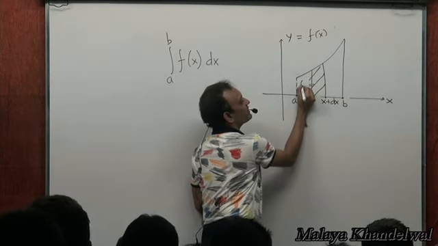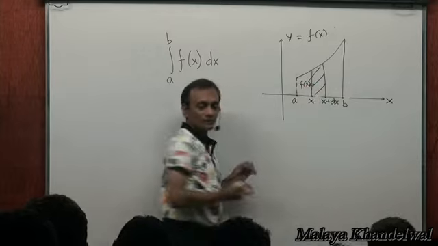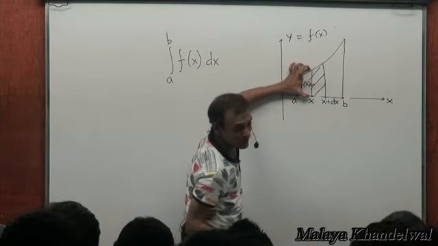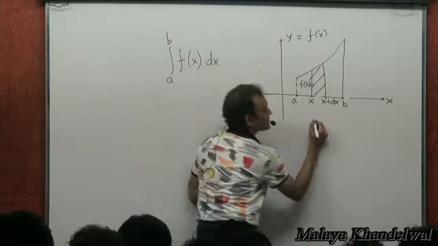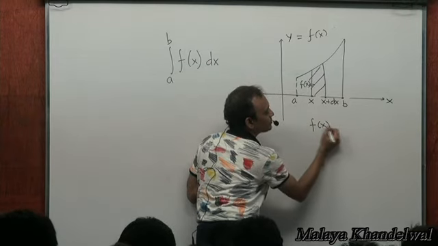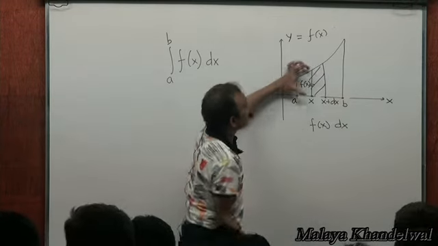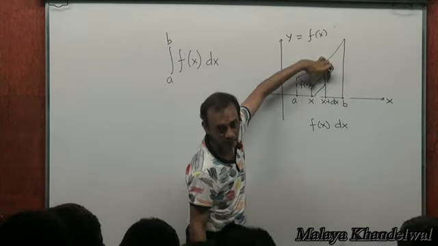This is like fx, right? So this is one sample strip. I take this sample strip and the area of the sample strip is fx into dx.